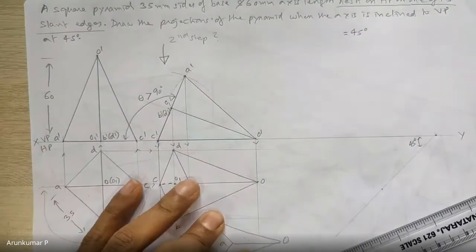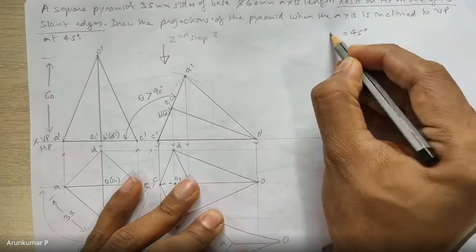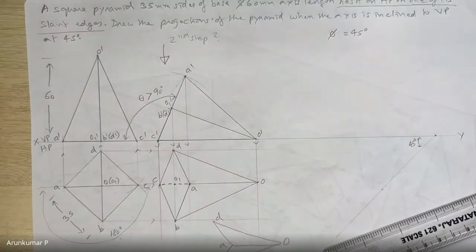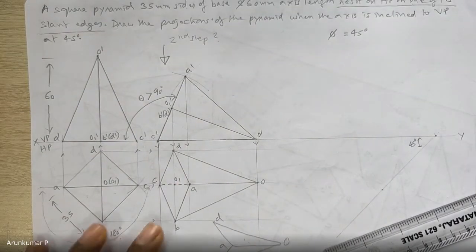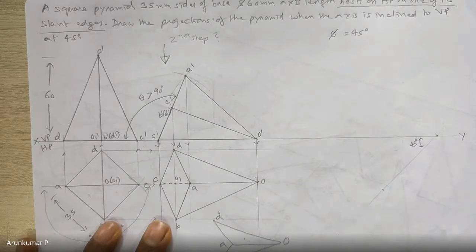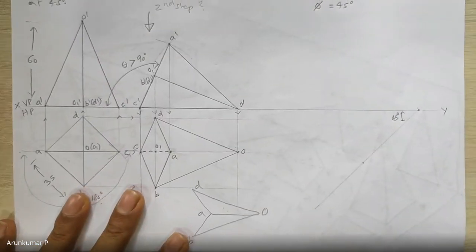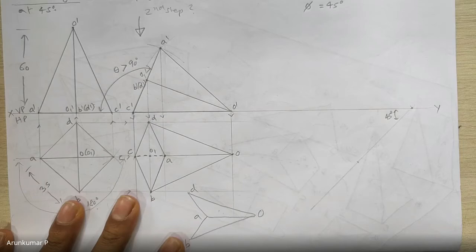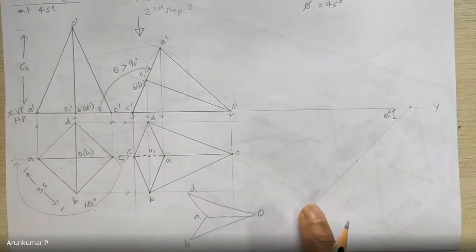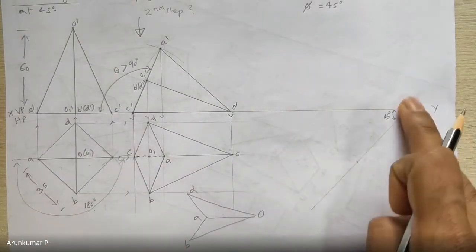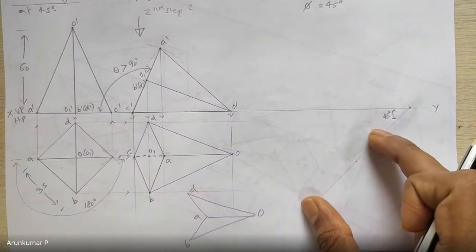Exactly. So the 45 degrees is phi. It is a true inclination. Okay. So that is what I have drawn here. 45 degrees true inclination.